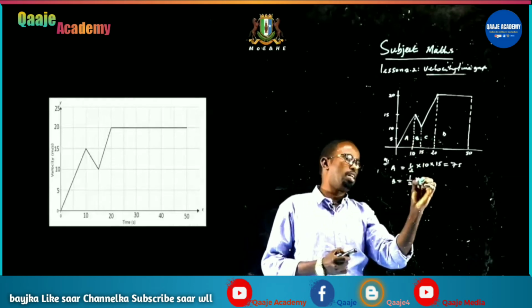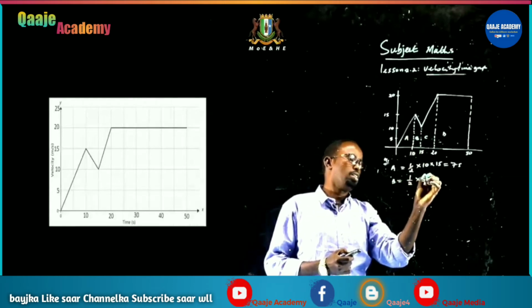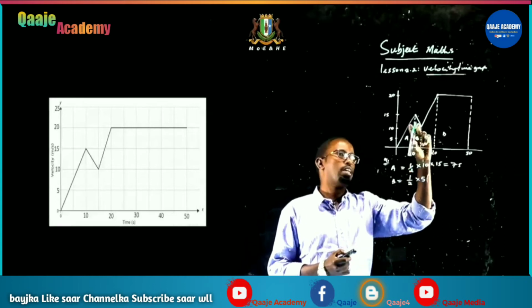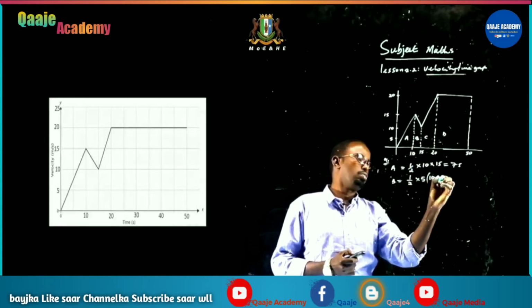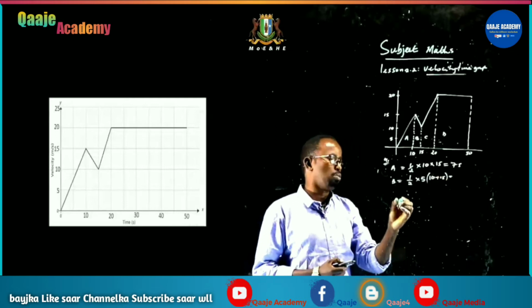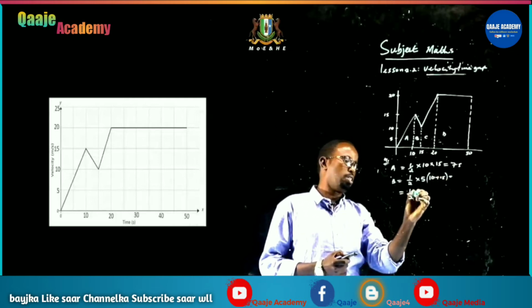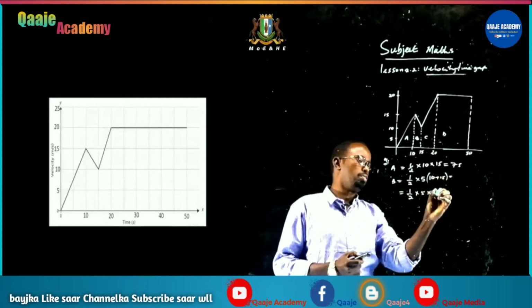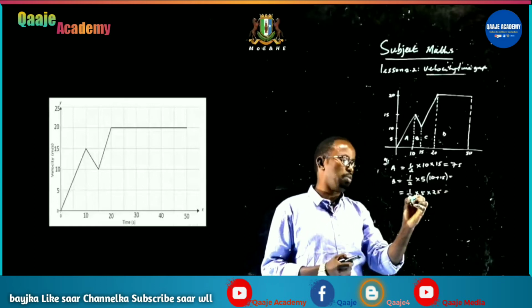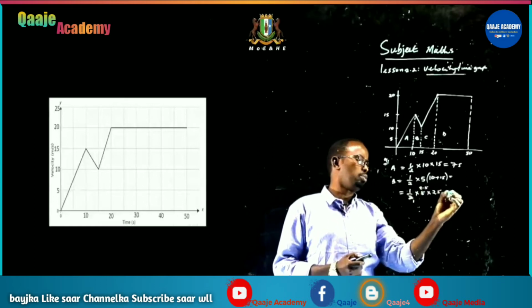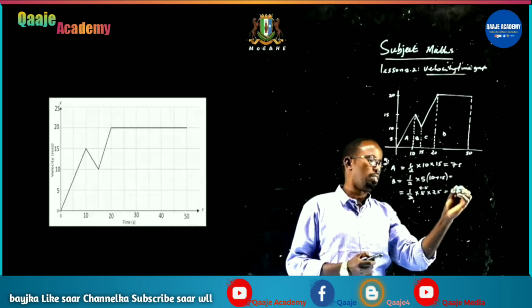The height is 5, bracket A plus B, this 10 and 15, and then this will be equal to half, multiplied by 5, multiplied by 25, you get 2.5 times 25, you get 62.5.